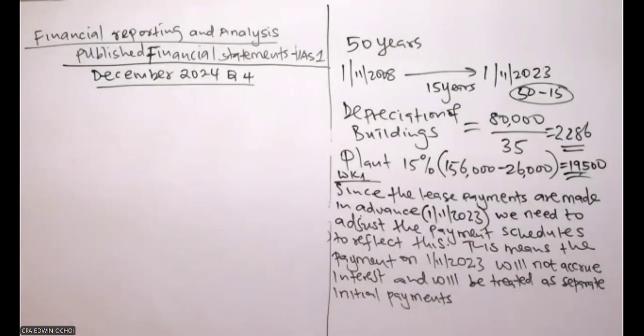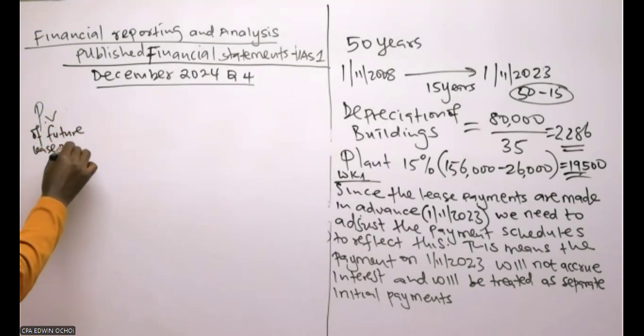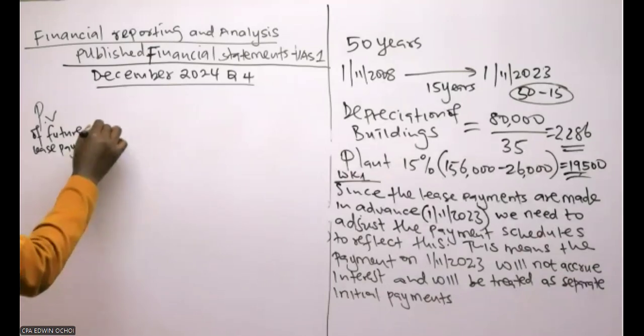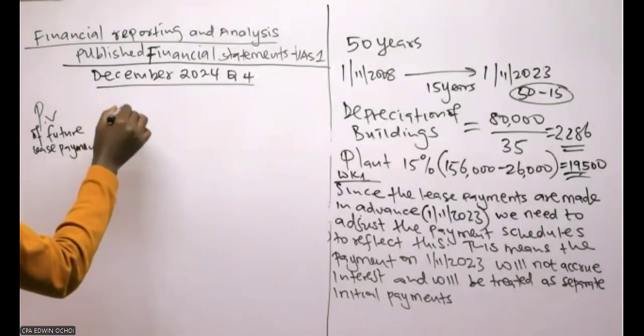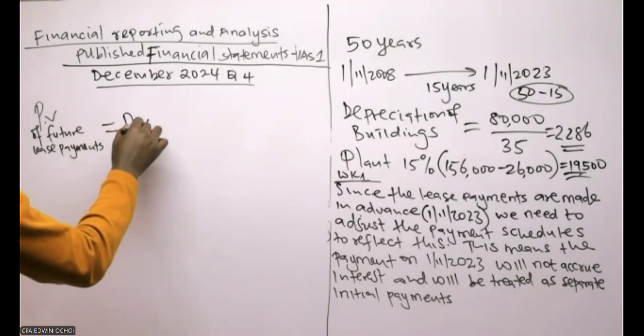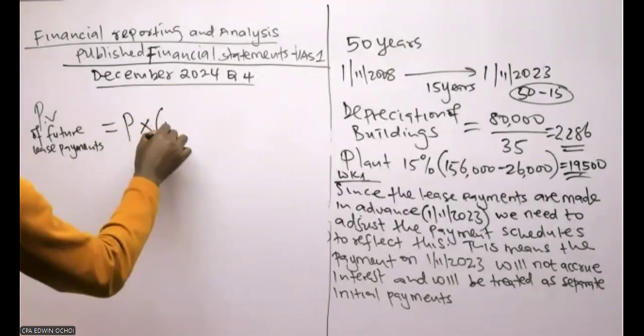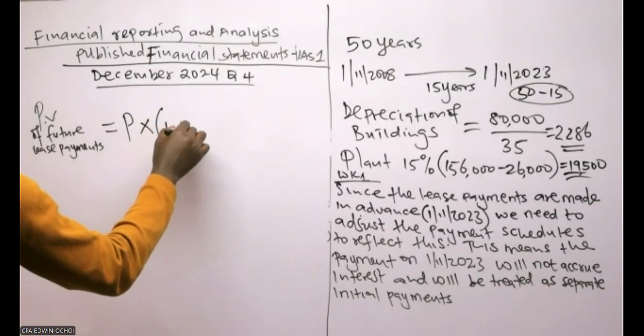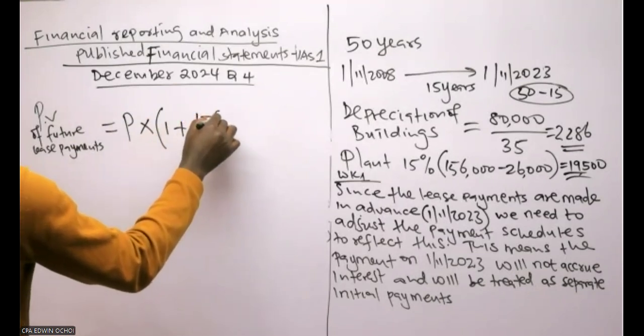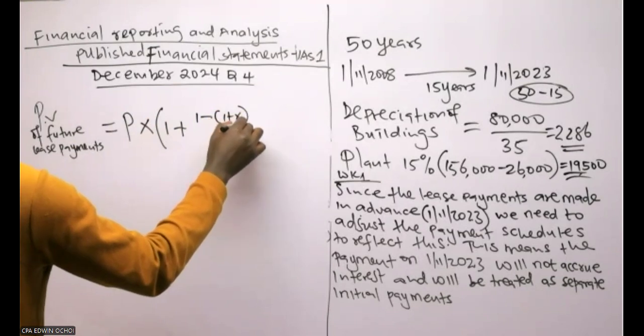So here you use this formula. So we say the present value, I can just say PV, present value. So you understand? The present value of future lease payments is equal to the relevant principal times 1 minus (1 plus R) raised to what?